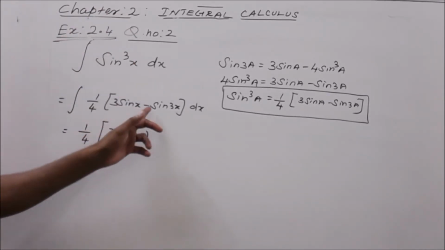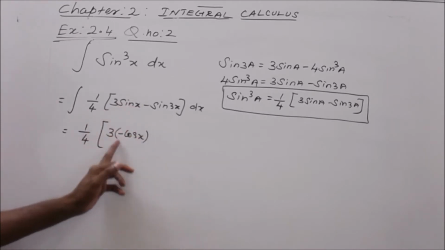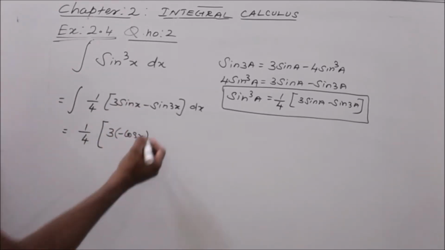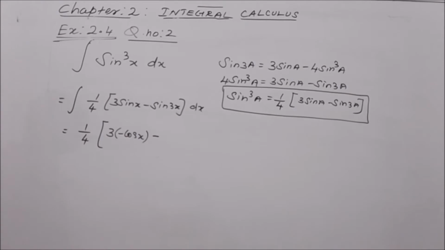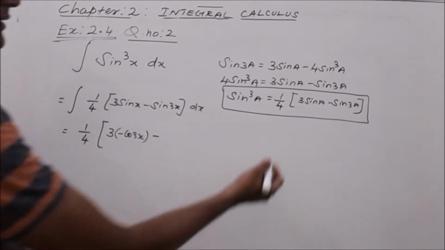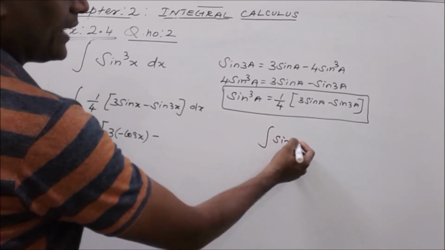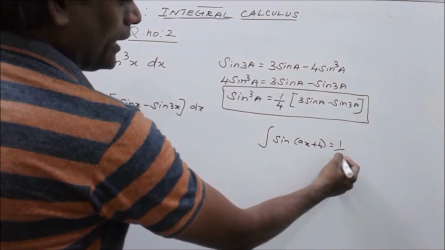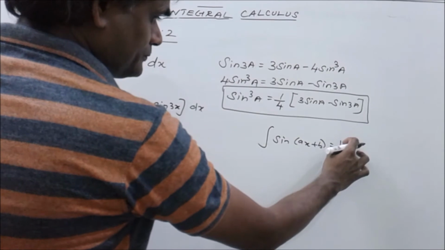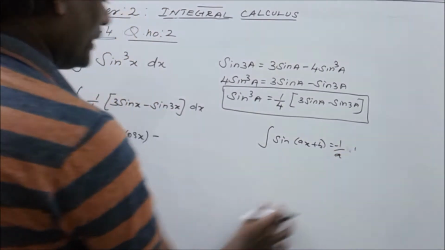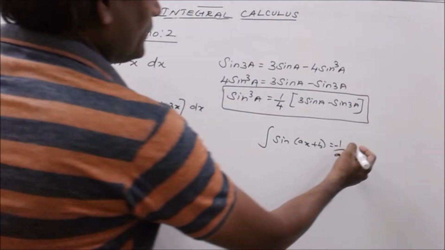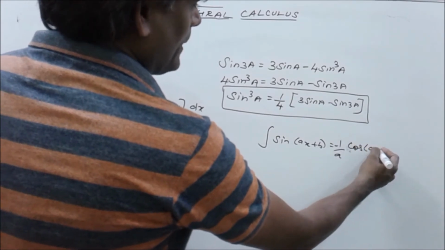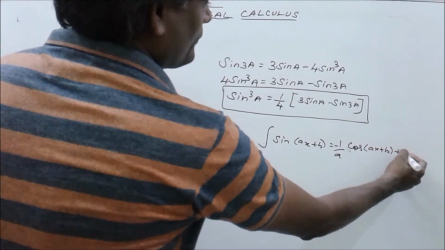Now 3 sin x means 3 into minus cos x, and then minus the integral of sin 3x. Integral sin(ax plus b) means minus 1 by a cos(ax plus b) plus c.